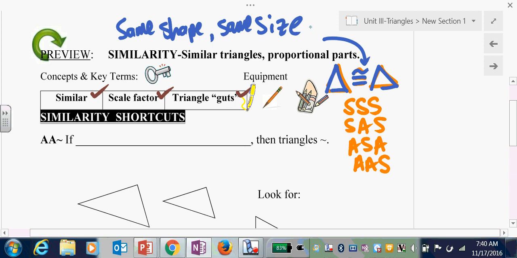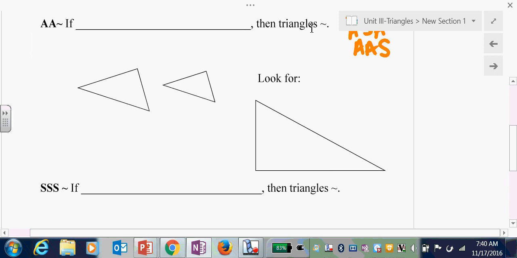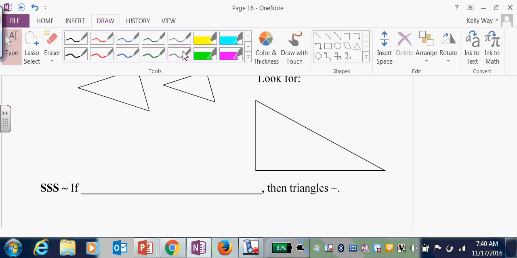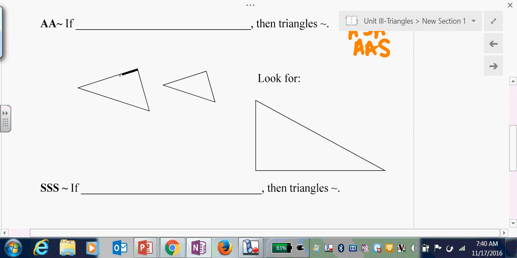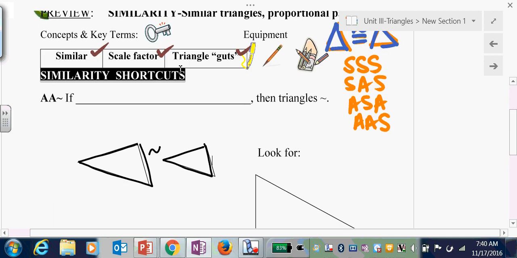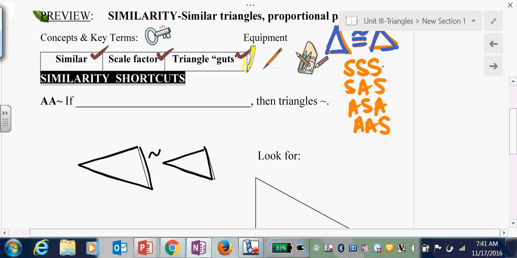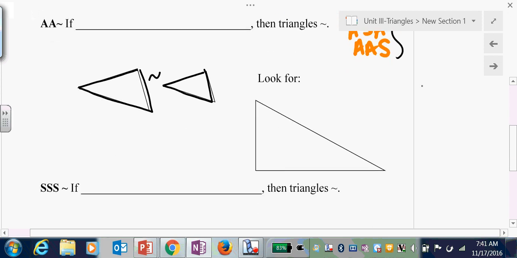The definition of similarity is same shape, different size. We have the same shape, but a different size. These triangles are similar. Just like we have shortcuts to congruency, we also have shortcuts to similarity.